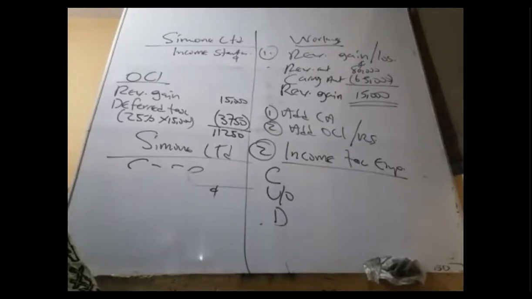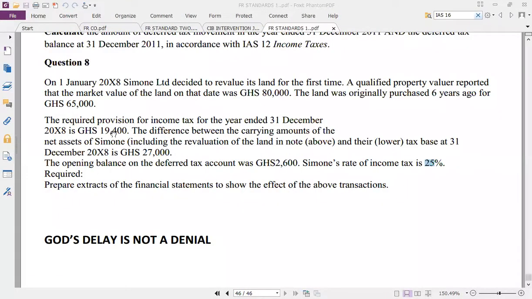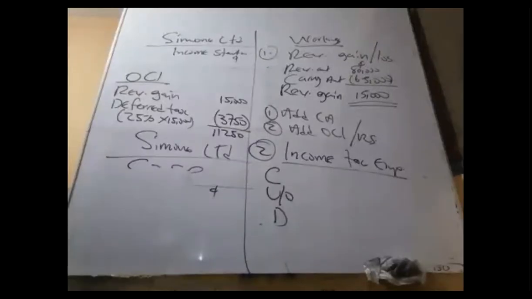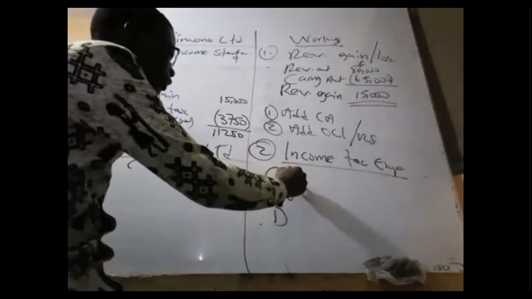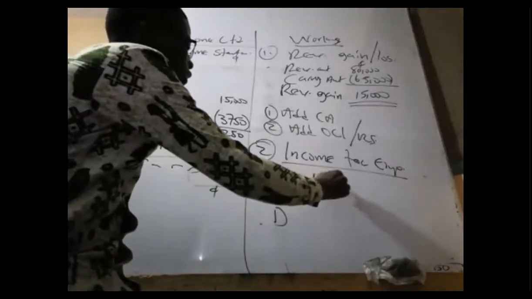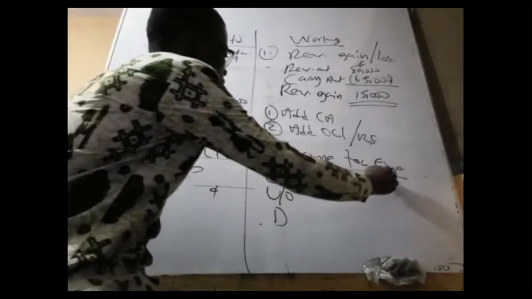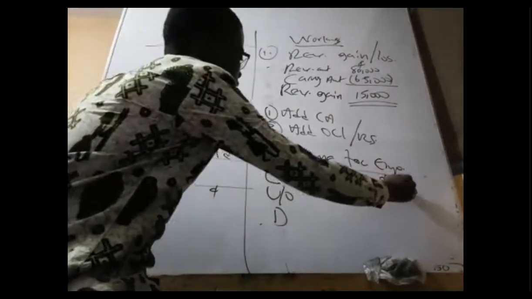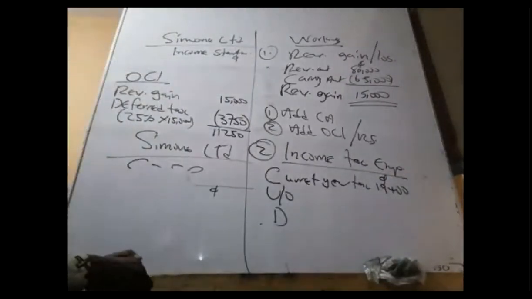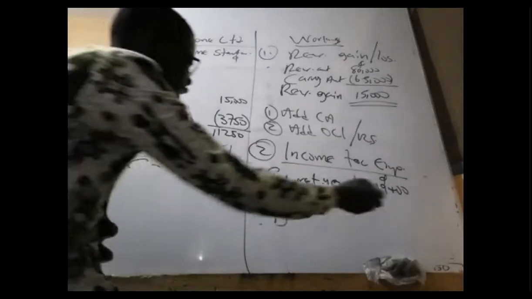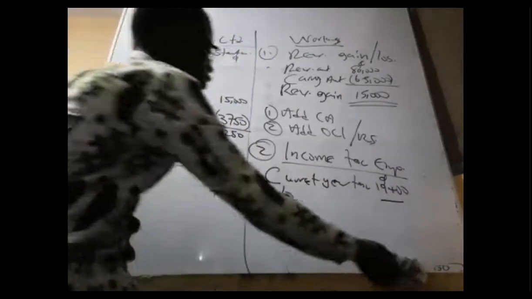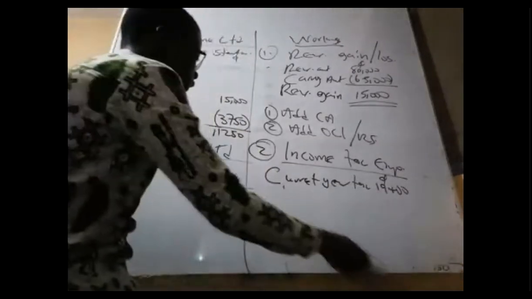It was given to us free of charge: 19,400. So current year tax is 19,400. We don't have an over or under provision, so I'm not bringing it at all.